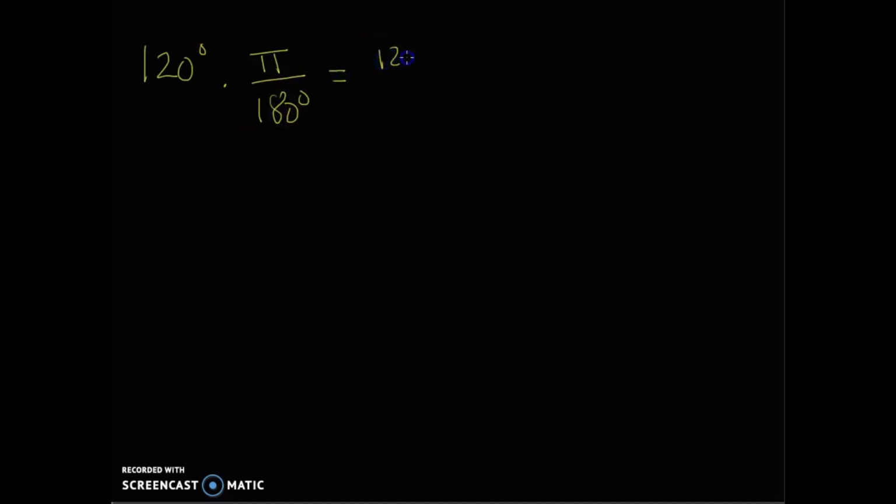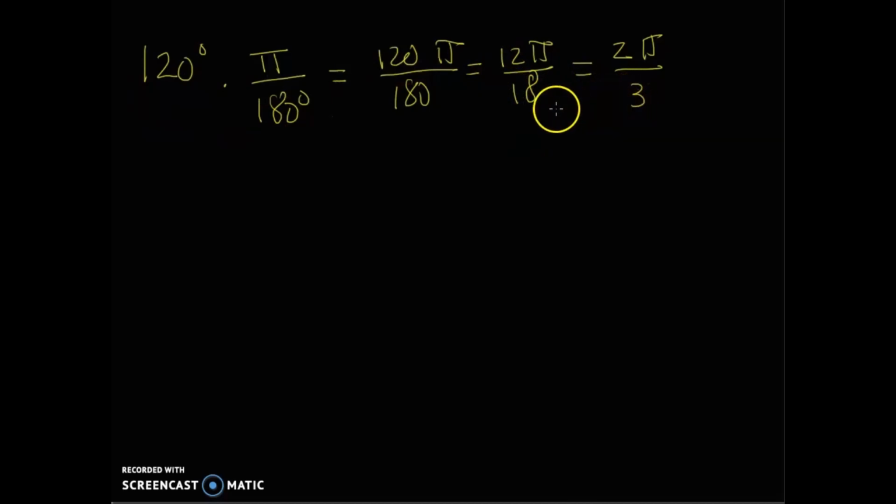We have 120 pi over 180, because the degrees cancel. Divide by 10, you get 12 pi over 18. Divide each of those by 6, you get 2 pi over 3. 120 degrees is 2 pi over 3 radians.